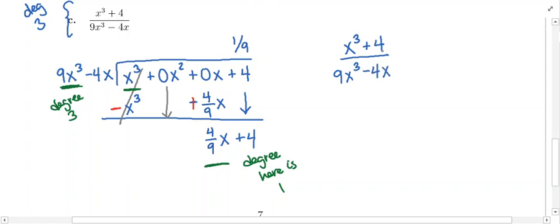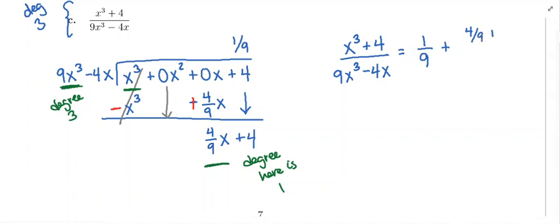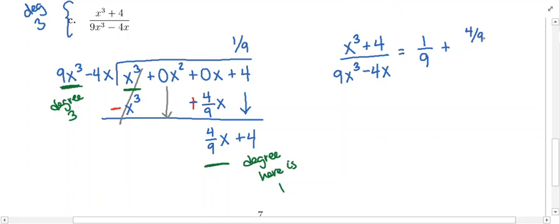The result was, it went into it 1/9, plus 4/9 x plus 4, over 9x cubed minus 4x. So this is what this thing looks like.